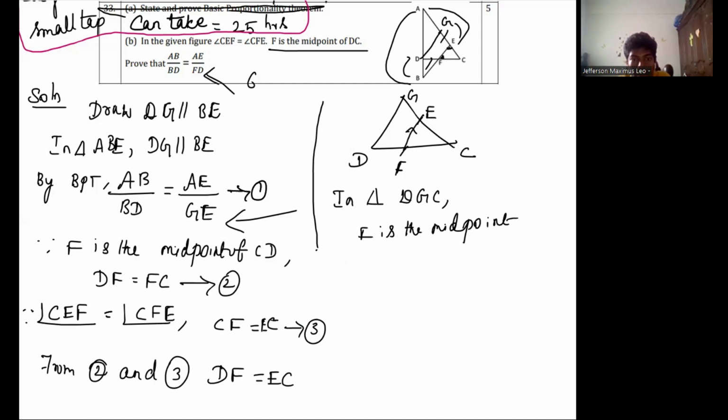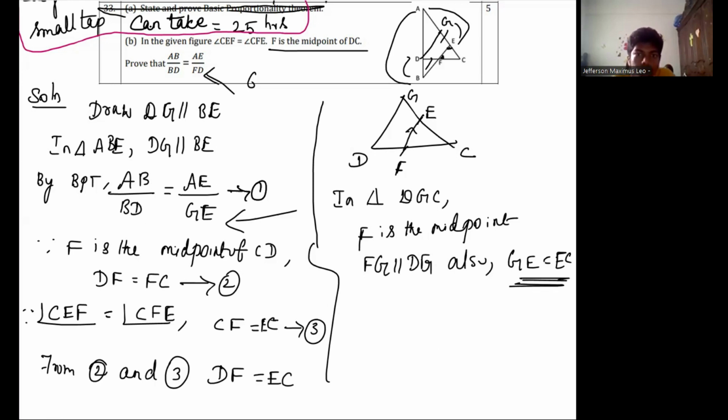Therefore the line is parallel to DG, parallel to the third side, and it also bisects the third side. GE is equal to EC. Now tell me, how can we bring the answer? GE is equal to EC.